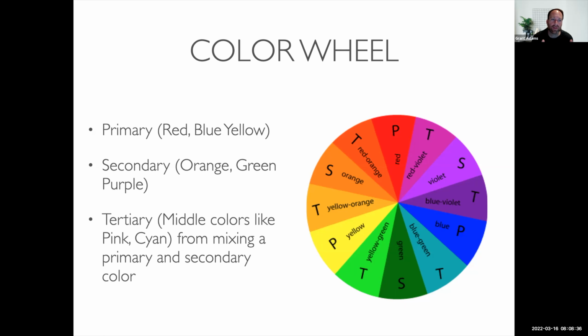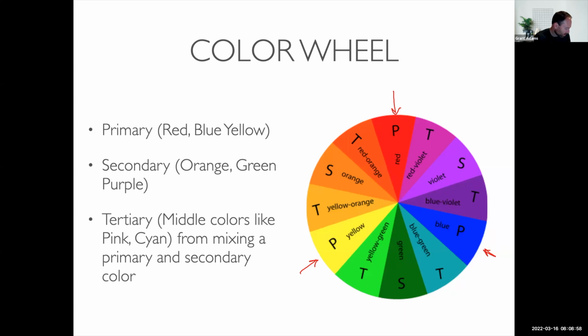So first off, we have the color wheel and we have our primary colors, and our primary colors are right here, red, blue, and yellow in the RGB system, which we'll talk about in a little bit. And then we have our secondary colors. So those are primary.